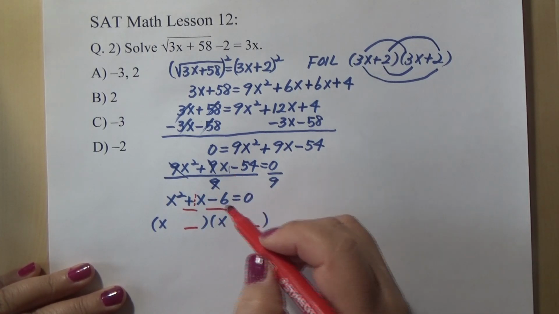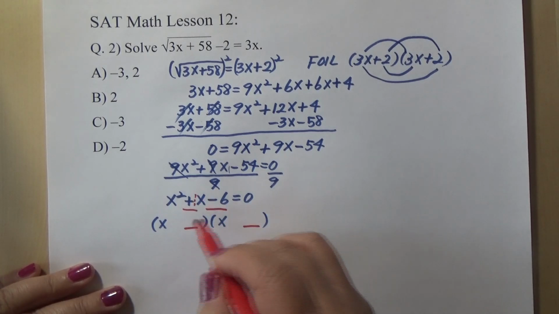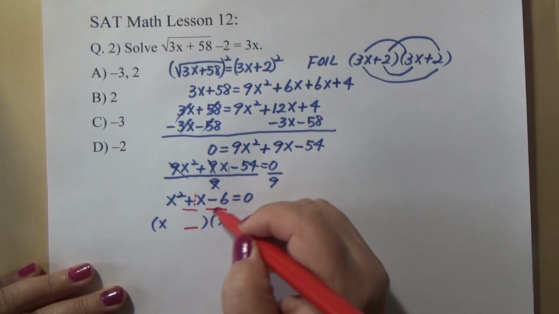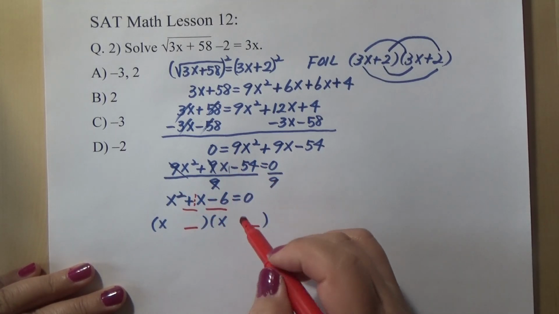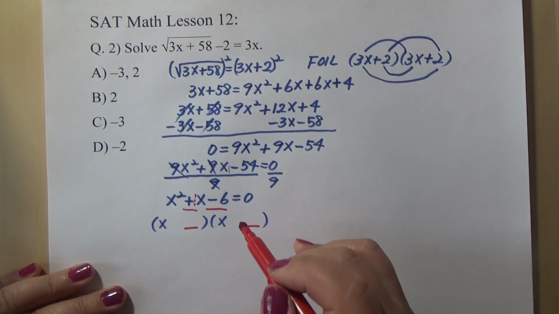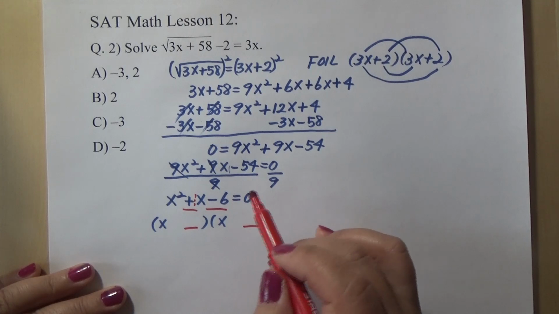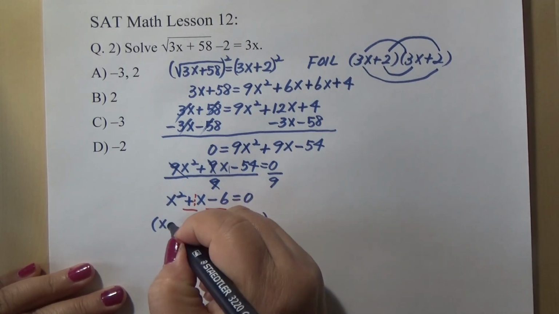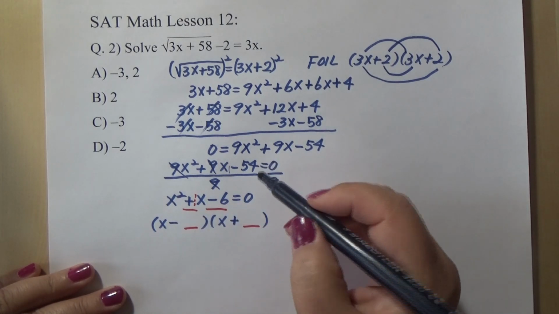So the positive 1 is the sum of these two numbers, okay? And this is minus, this is positive. So one of the two numbers is negative and the other one is positive. So we can say negative and positive.